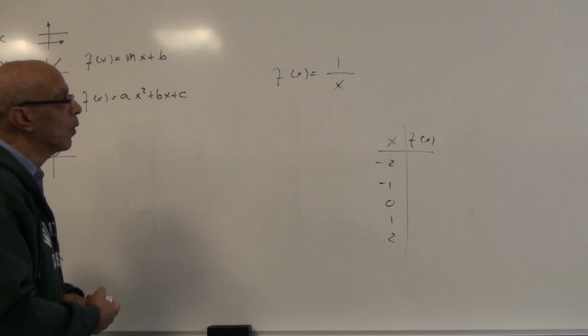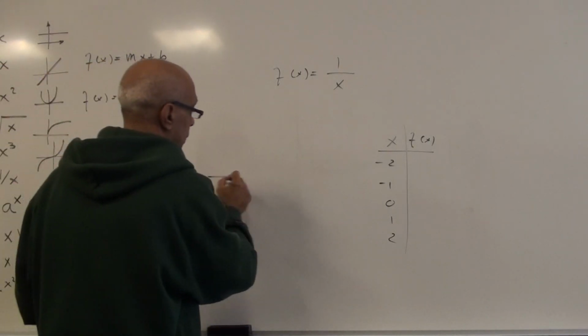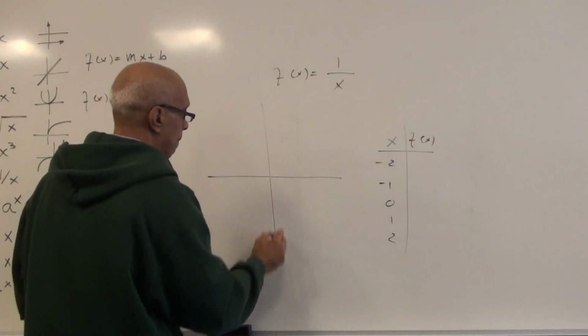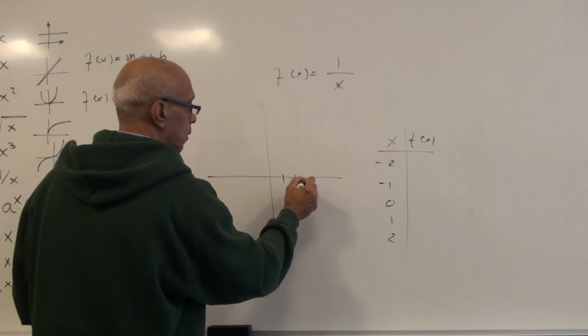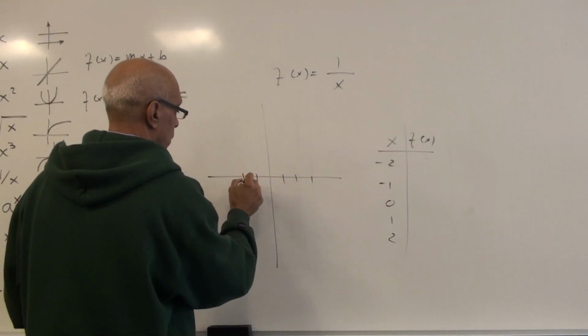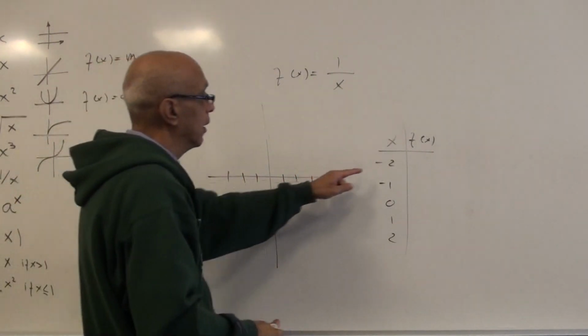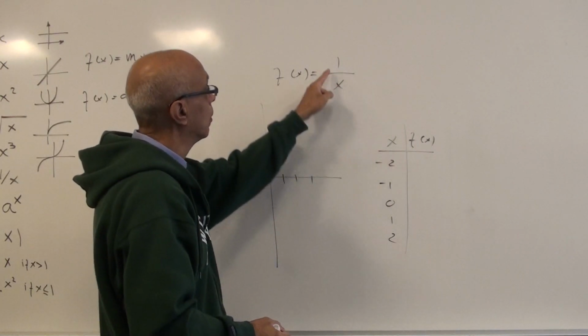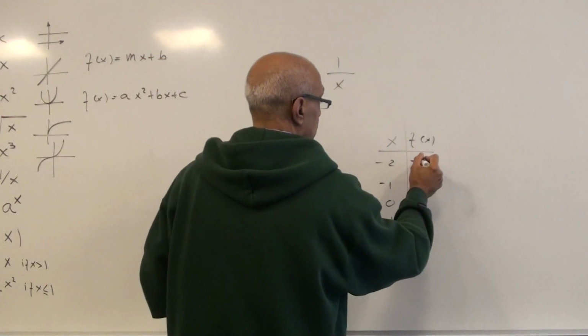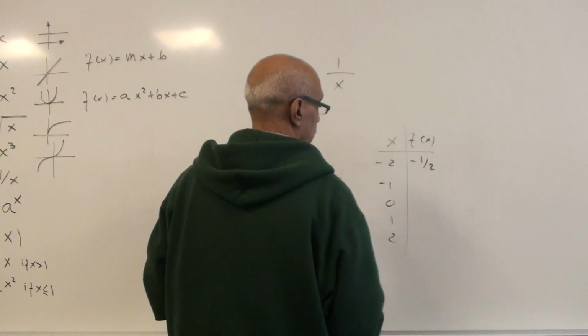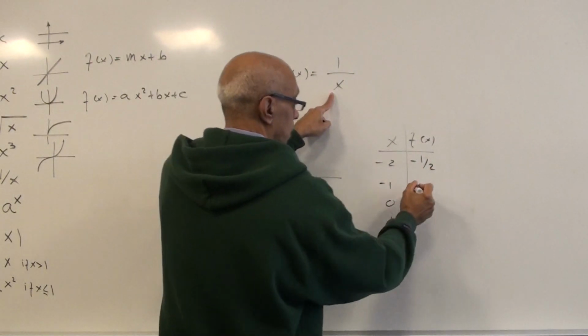Well, when x is -2, it's going to be what? -1 over 2. When x is -1, it's going to be -1.